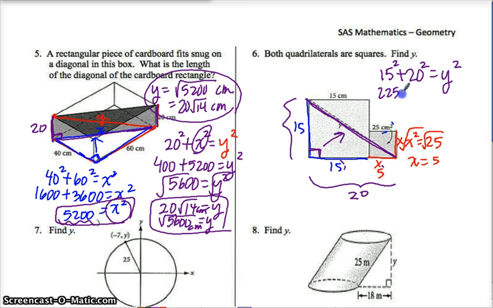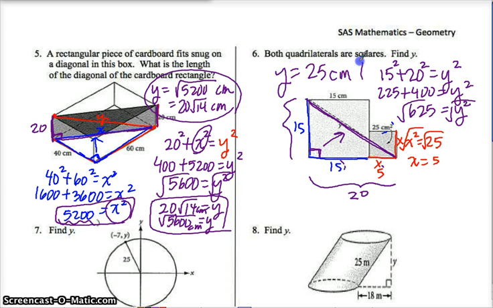So 225 plus 400 equals that diagonal squared. So y squared equals 625. Take the square root of both sides. So the diagonal is 25 centimeters. That's a tricky one. It's great.